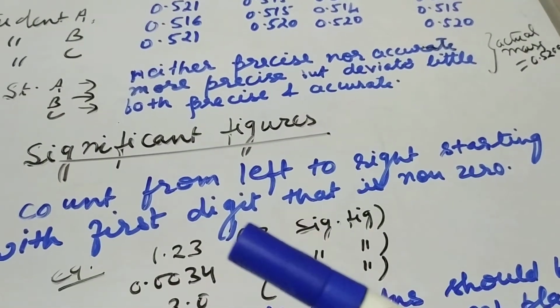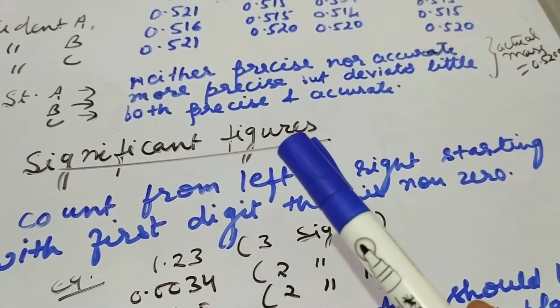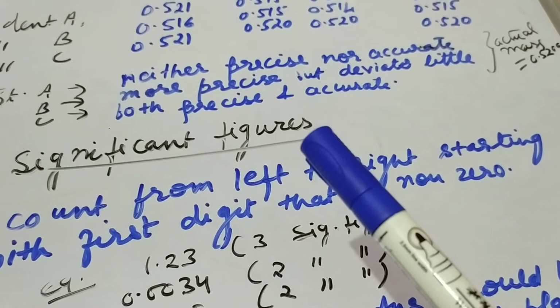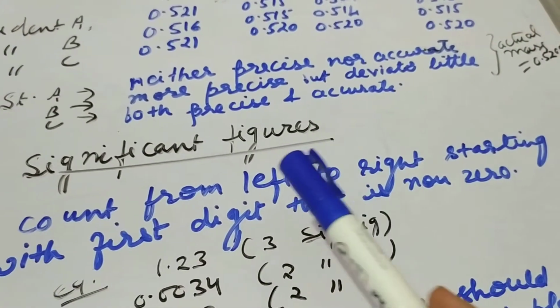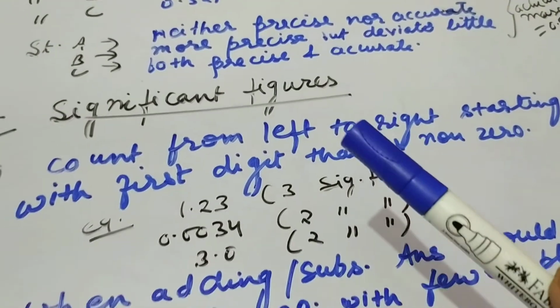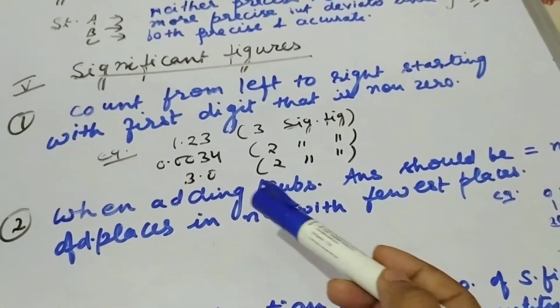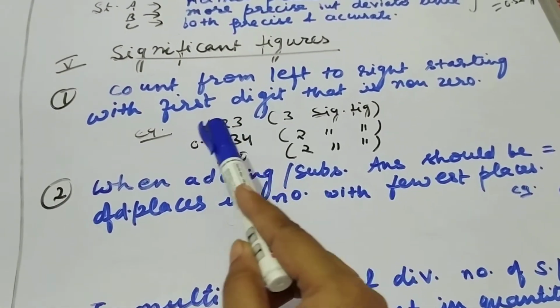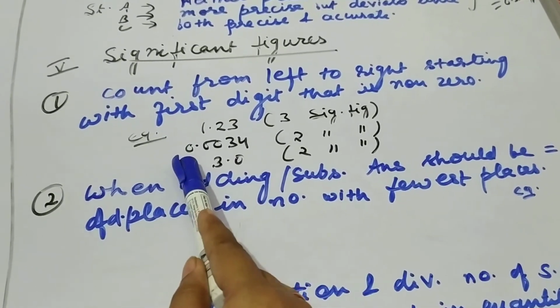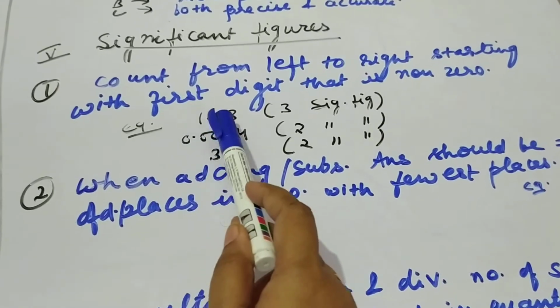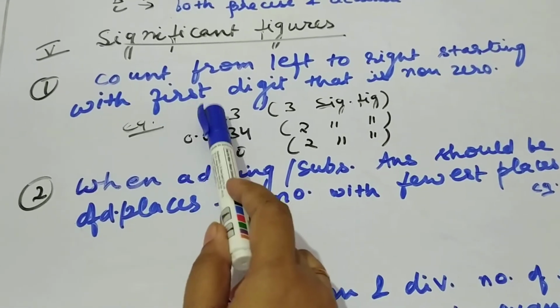Next is significant figures. This comes into play because when we measure quantities, more precise and accurate values are measured in chemistry, so significant figures also come into play. Now how to count significant figures in any measurement? We count the significant figures from left to right, and the first digit should be non-zero. In this case 1.23, there are three significant figures, 1, 2, 3.